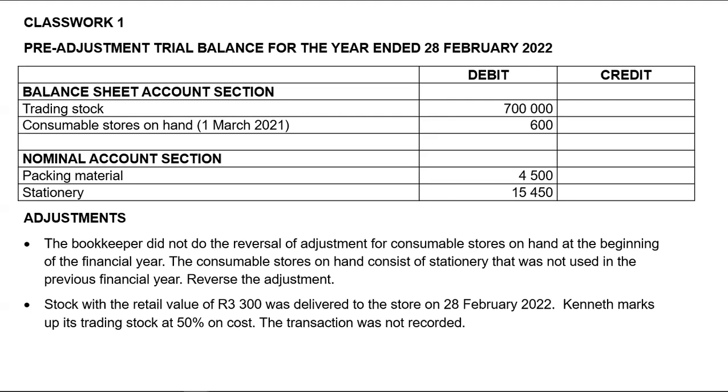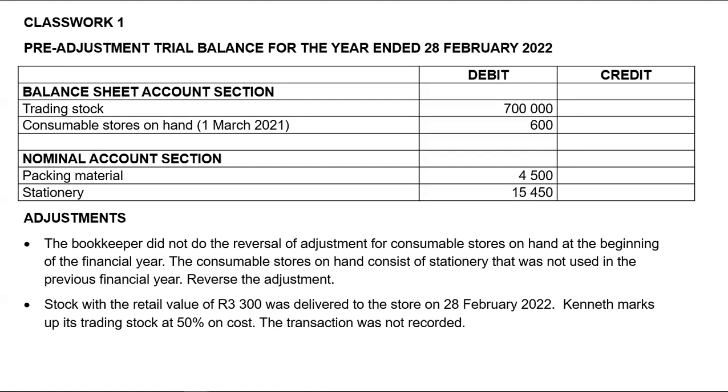Point 1 says that the bookkeeper did not do the reversal of adjustment for consumable stores at the beginning of the financial year. The consumable stores on hand consist of stationery that was not used in the previous financial year. We need to reverse the adjustment. To reverse this adjustment, we will have to do a reverse entry in the general journal.